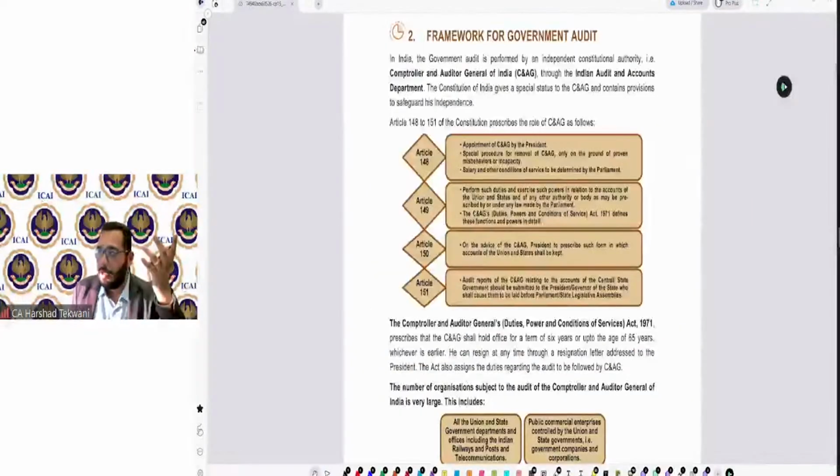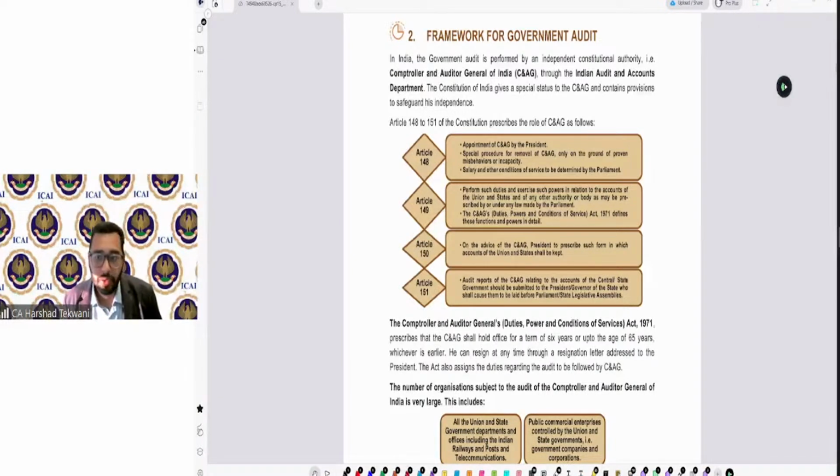No. Scheme is not a company. How will I apply the standards that I have learned till now? How will I apply them if I have to perform an audit of a particular scheme, which is basically run by a particular department? First of all, how will I apply the standards? It's not an entity. They might not have separate financial statements.